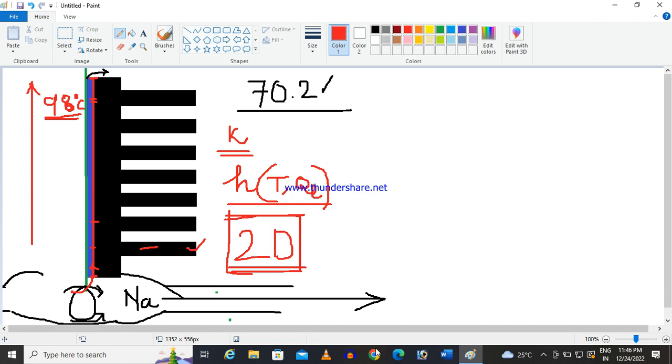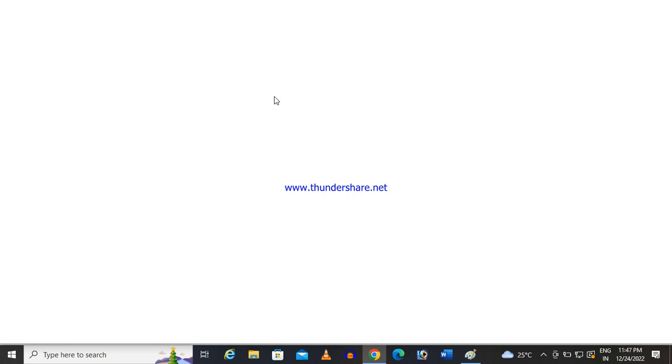Okay, so we are going to discuss those things now. We will understand the basics of fin dynamics, how the temperature along the fin depends on so many factors, as I told, and whether the temperature comes down below the freezing point of the sodium before reaching here or not. That we are going to discuss.